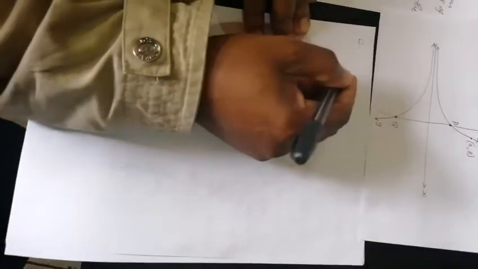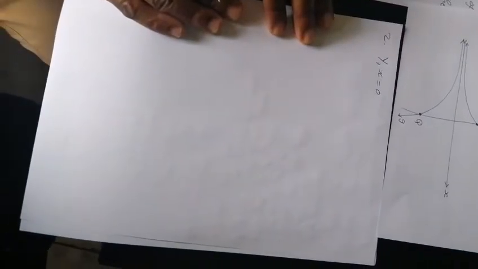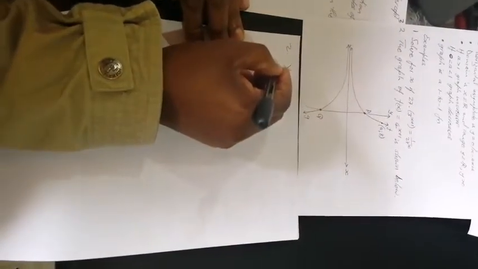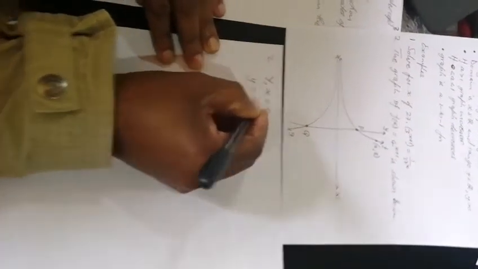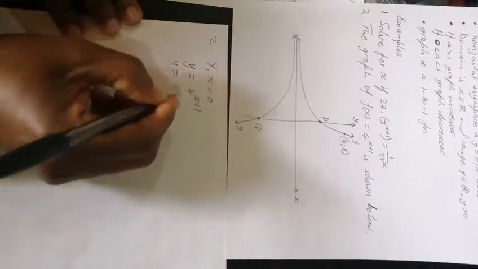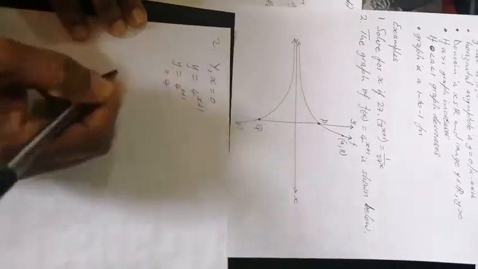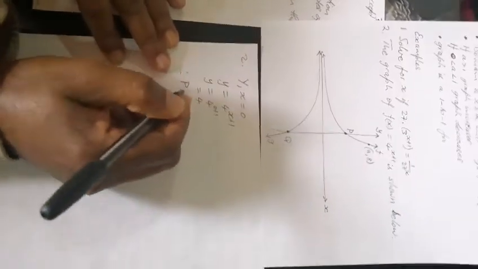On the y-intercept, we all know that x is always 0. Very, very important for us to remember that. So, the function is saying y is equal to 4 to the power x plus 1. That's our function. And our x is 0. So, our y will be equal to 4 to the power 0 plus 1, which means we have a 4. Therefore, the coordinates of P are 0 for the x and 4 for the y. That's very important. That's our part A.